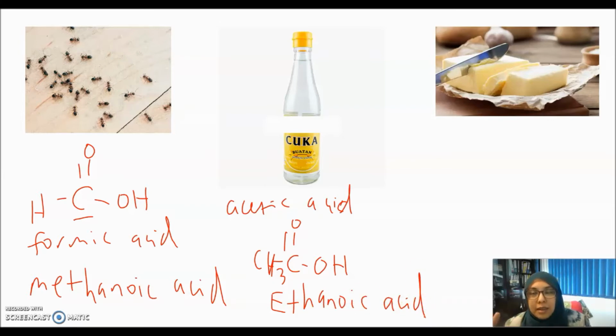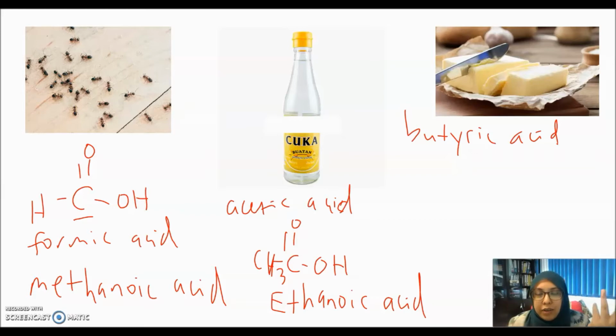What about butter? Butter contains what we call butyric acid. When you hear all these names, this could be your first time hearing about them, but when I draw the structure, you can name the compound. I just want you to relate compounds and their purposes in everyday life.